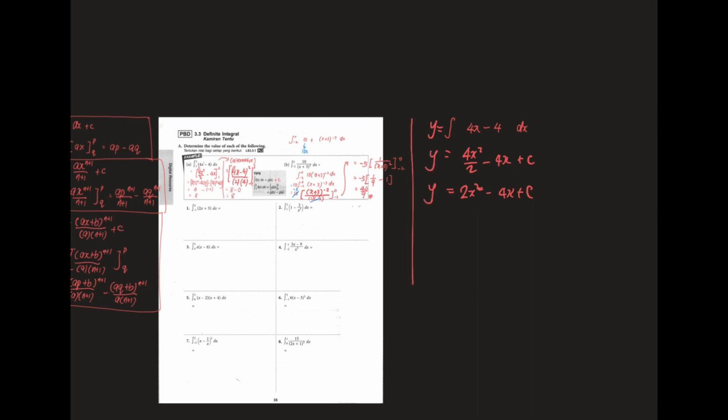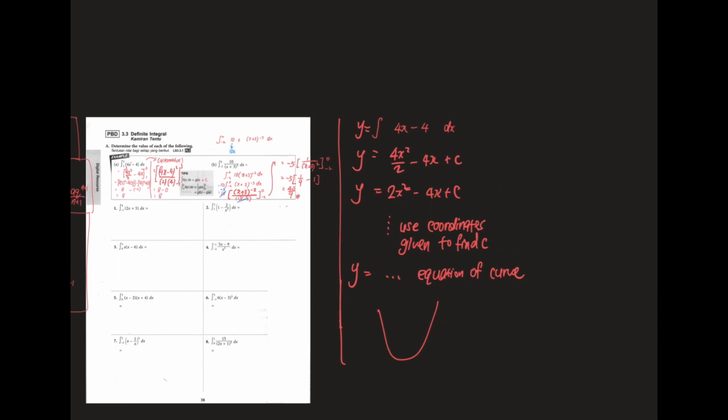So you use the coordinate given to find c, then you will get y equal to something. That is the equation of the curve. At the end you can draw the curve. Basically the curve is a quadratic curve. You are able to get the equation of the curve.